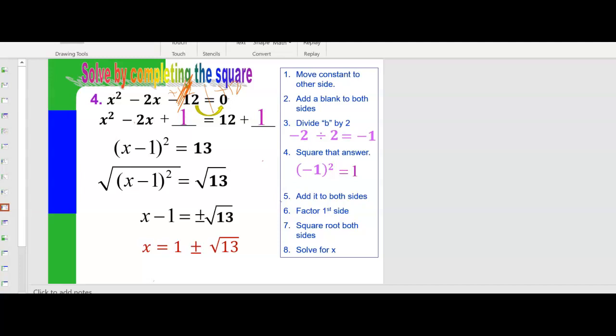So what number are we going to create on the blank part? It is 1/2 of b squared. What is your b? It's negative 2. So it's 1/2 times negative 2 squared. 1/2 times negative 2 is negative 1 squared, which is positive 1. So the number we created is positive 1.